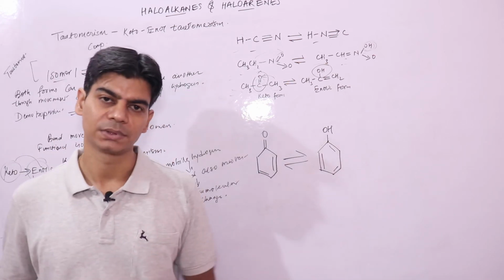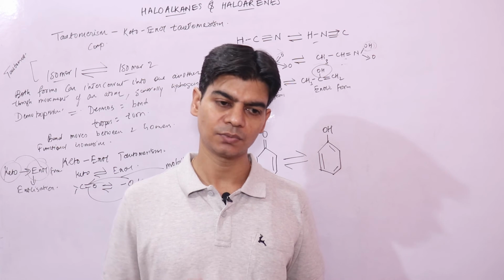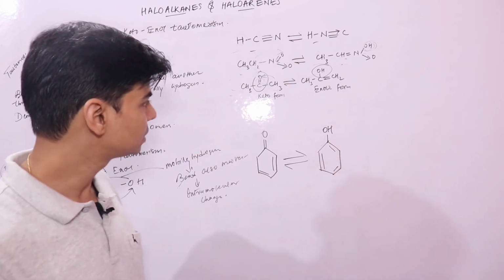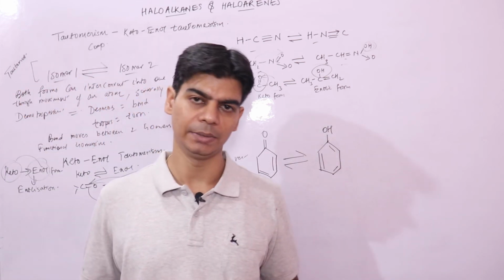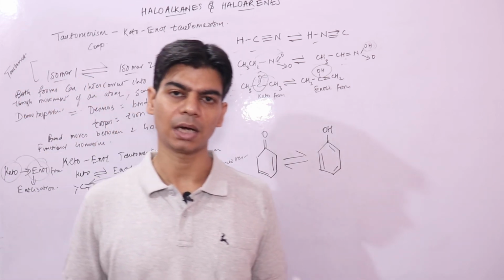Now the two forms, the keto and enol forms, there is one important thing about them: they don't have the same stability. One is more stable than the other.